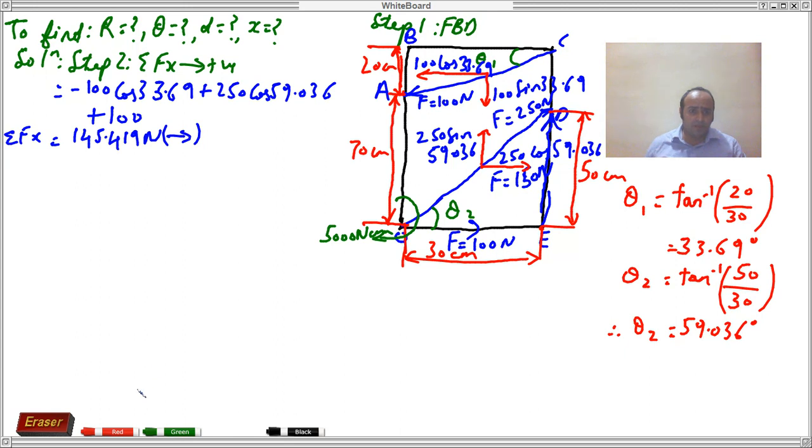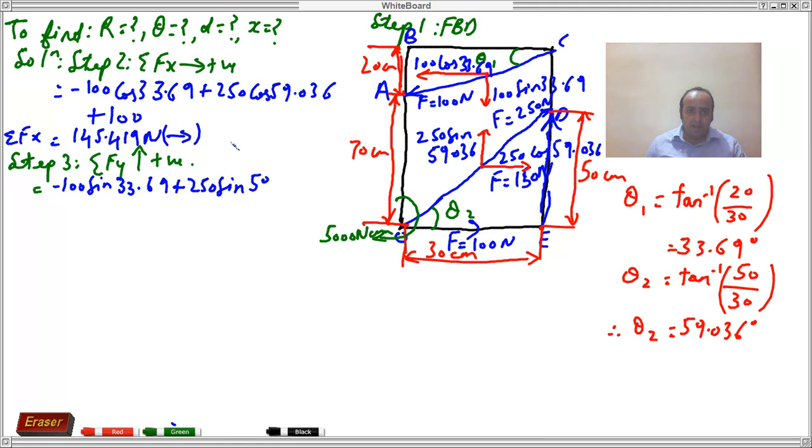Same way, step number 3, I can write it down, summation Fy acting in upward sense as positive. So it will be equal to minus 100 sin of 33.69 plus 250 sin of 59.036.